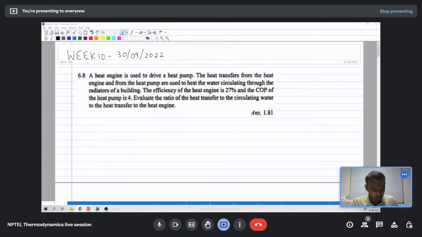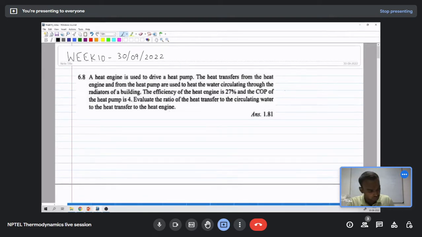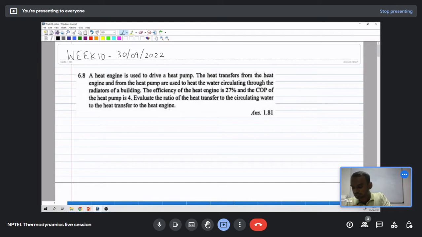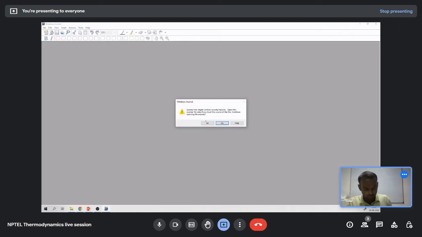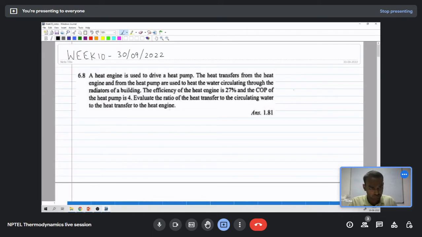So we have a heat engine and a heat pump.